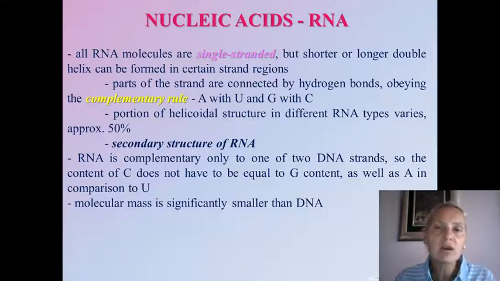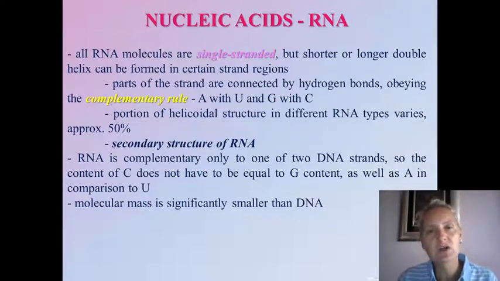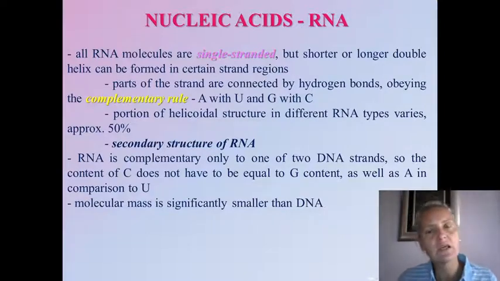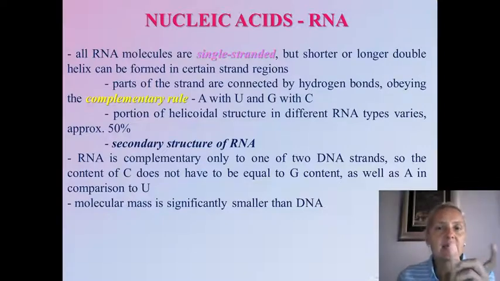So Chargaff rules cannot be applied to RNA as they are applied to DNA: the content of cytosine does not have to be equal to the content of guanine, and the content of adenine does not have to be equal to the content of uracil in the RNA molecule. One more difference is that RNA molecules are predominantly much smaller than the DNA molecule, which is logical because RNA molecules are obtained as copied fragments of the DNA molecule.